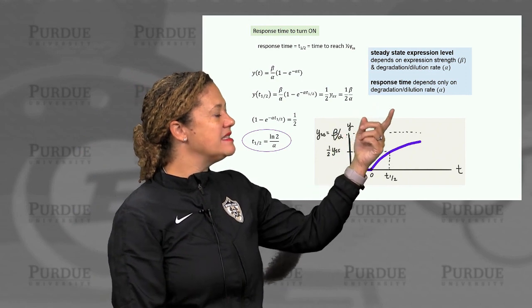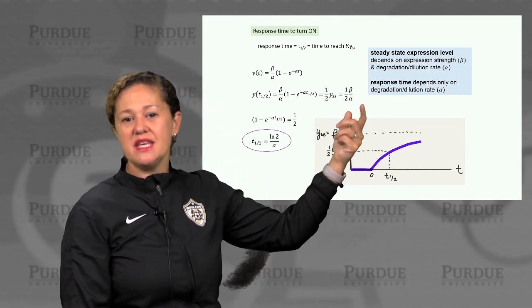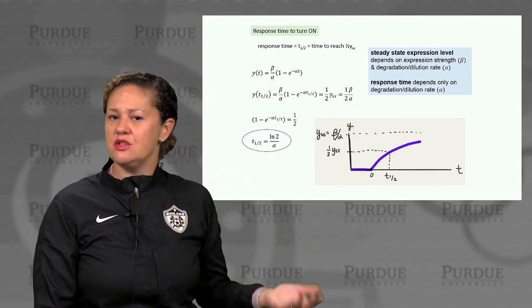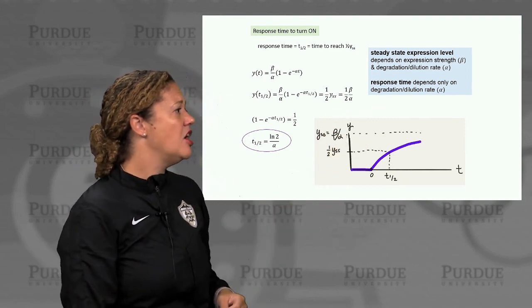Whereas the response time depends only on the decay rate. We don't see that production rate, beta, which would correspond, for example, to the strength of our promoter. It only depends on alpha.